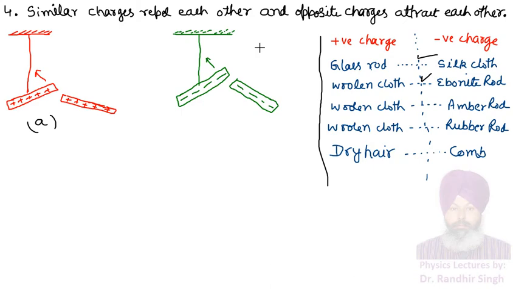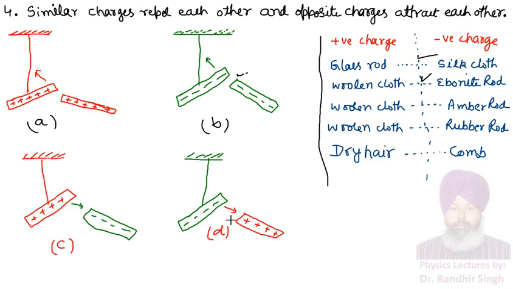Now suspend one ebonite rod and bring another ebonite rod closer to one free end of the suspended ebonite rod, and you will see that the free end of the suspended rod is deflected away from this rod. So with this experimental activity, shown in parts A and B, we can very easily verify that similar charges repel each other.